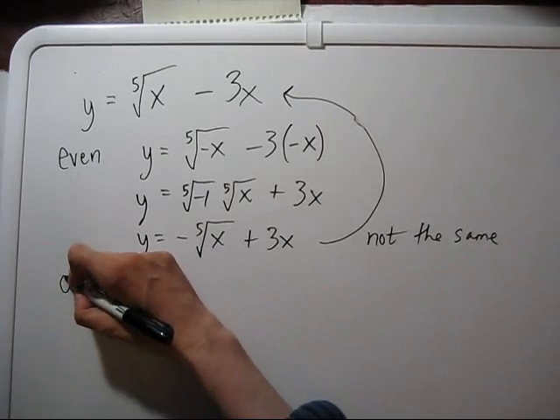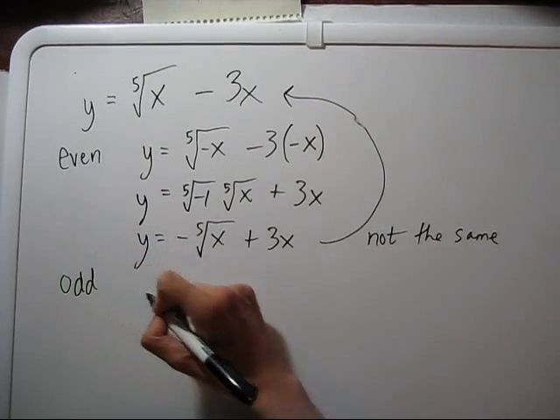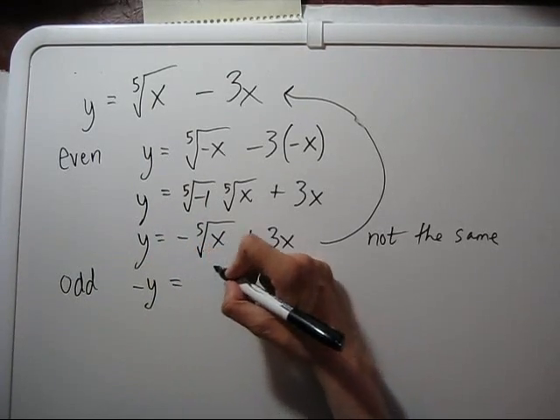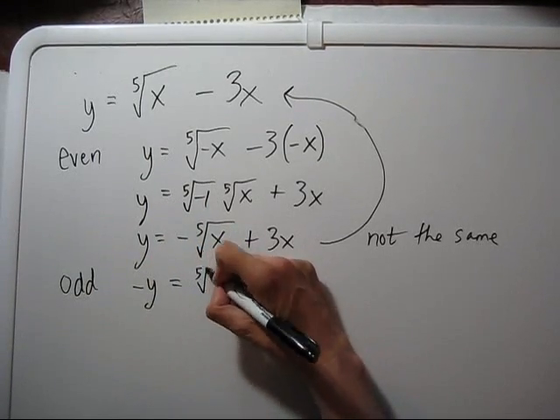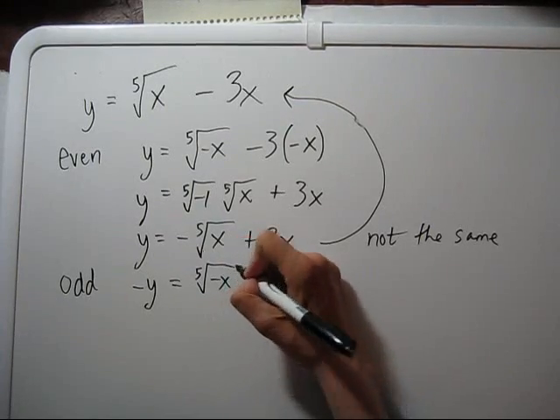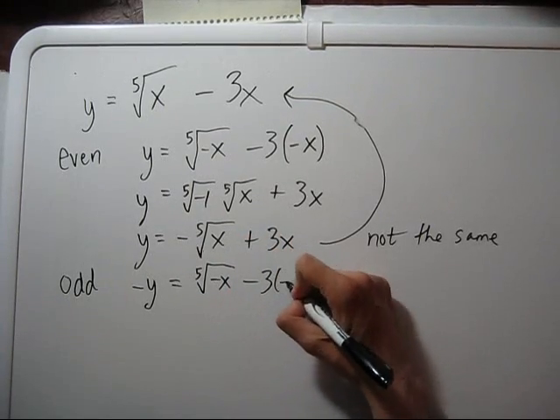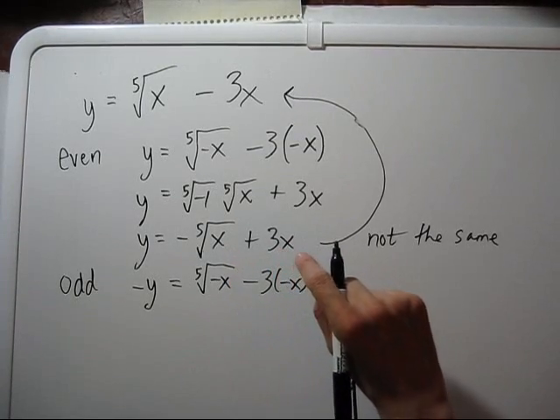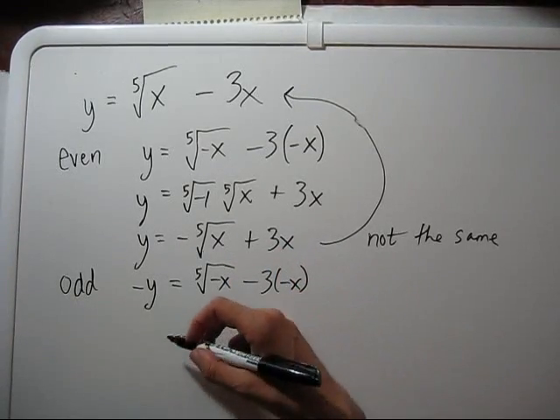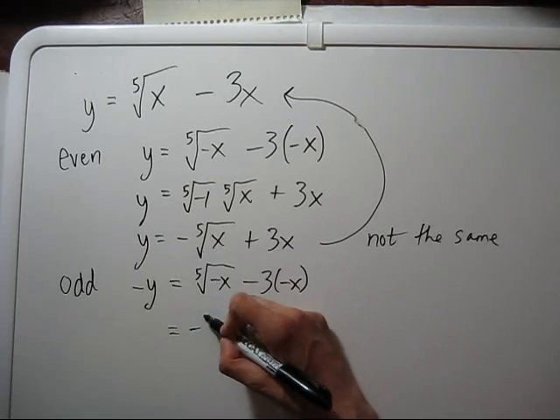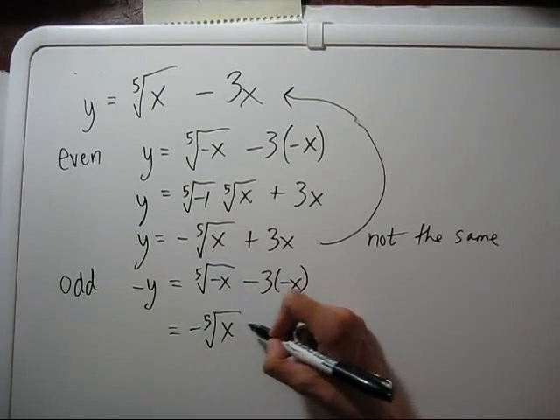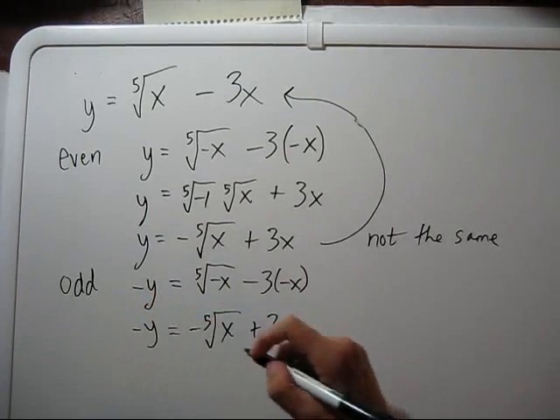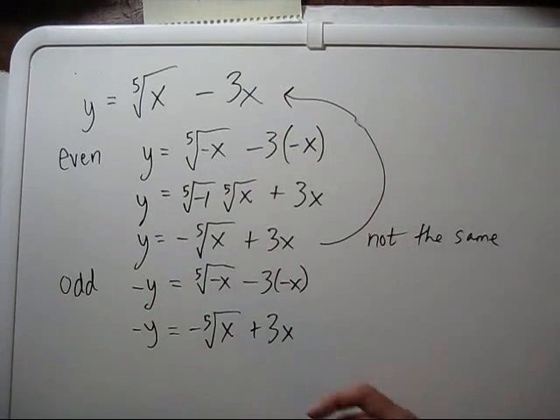Let's try odd. Okay, we replace y with negative y, x with negative x. Okay, we already did the right-hand side previously, so this will be negative fifth root of x plus 3x equals negative y. Is that the same as this one?